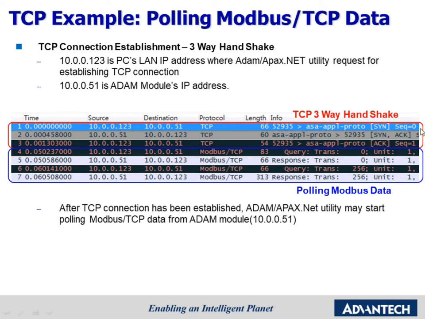As you can see in the red box, there is a 3-way handshake to establish the TCP connection. After the connection is established, the utility may start pulling Modbus TCP data from the ADAM module.